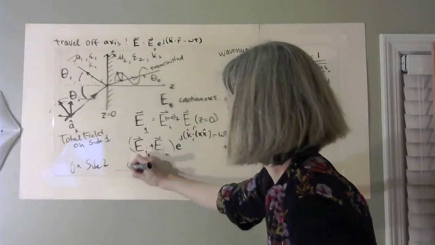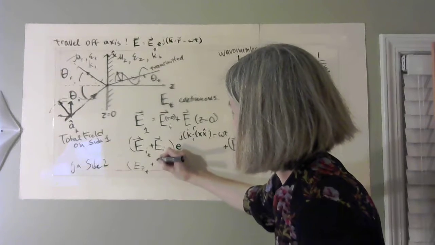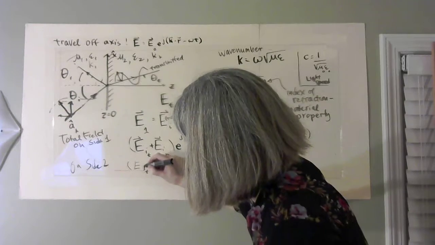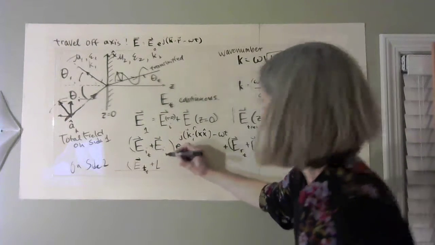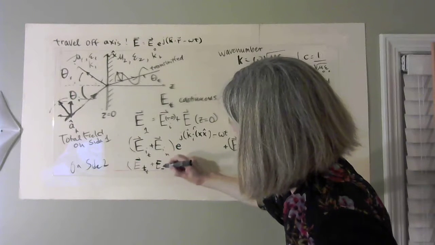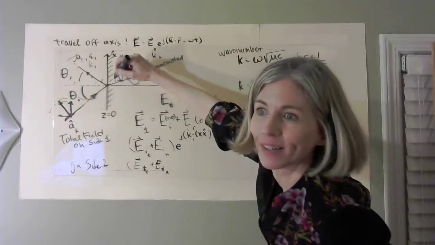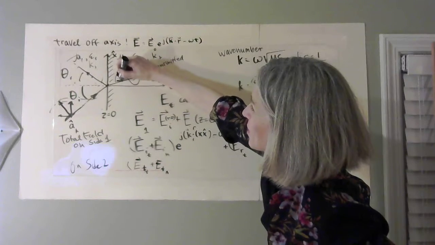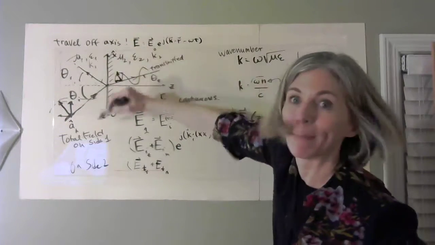On side 2, E transmitted tangential plus E transmitted normal. Oh no, identical subscripts. I'll read them out loud; we're going to ditch them pretty soon. This little E that I've tried to draw perpendicular is the component perpendicular to this boundary.